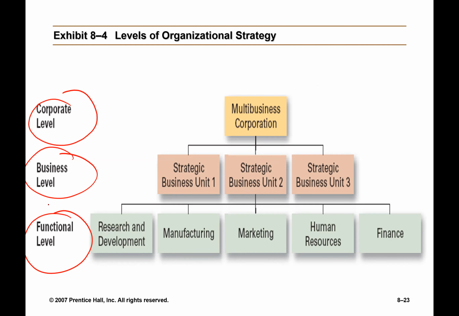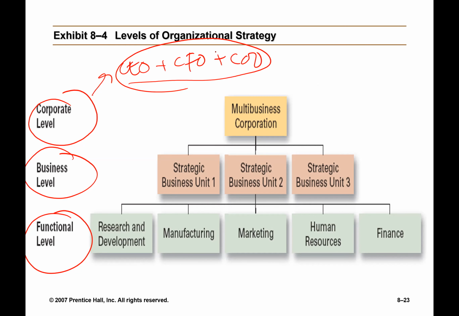So the top boss, normally the CEO, plus the CFO, plus the COO, and the general managers of all the companies within the main company will come together and think about what our future plan will be. That is among the top people. This is what we call corporate level strategy.